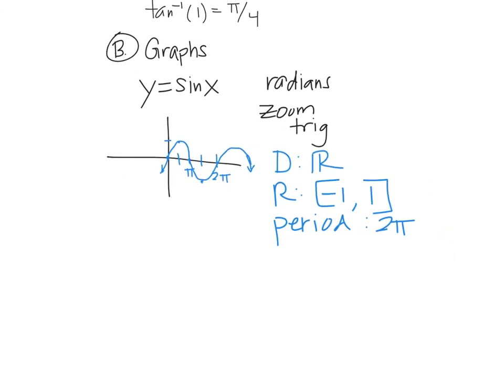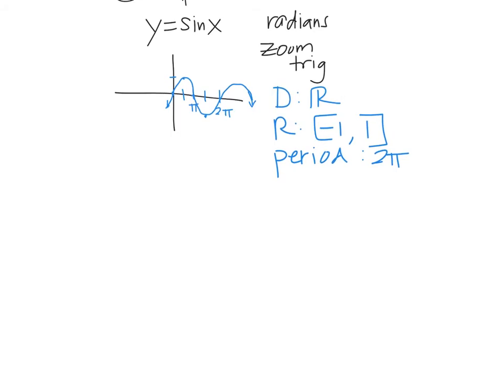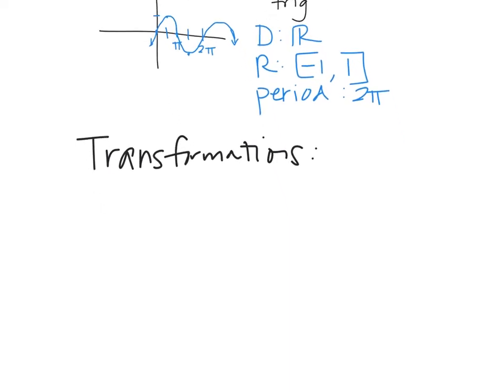We're really going to focus on just the graphs of sine and cosine, not so much tangent or cotangent, or really the other ones. All right, so now we're going to do some transformations of these graphs. Okay, so I'm going to give you this crazy thing. Here it comes. Transformations. This is going to be a crazy little formula for you, but it's going to show you all the stuff that happens.